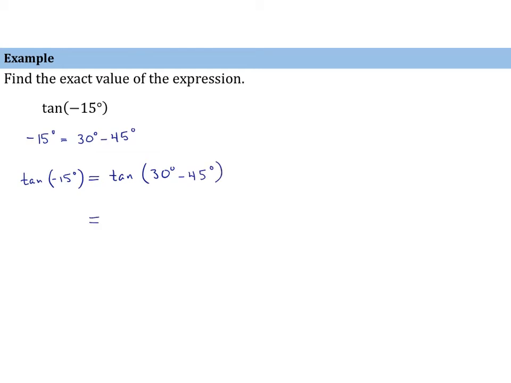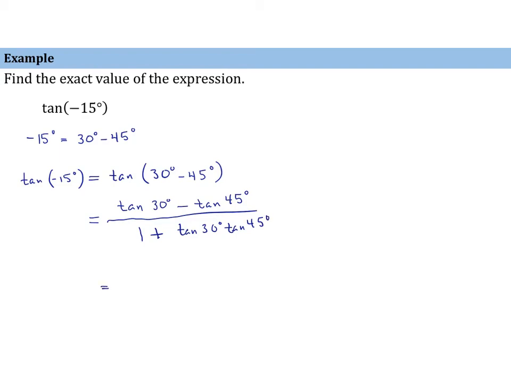And the difference formula for tangent is tangent of 30 degrees minus the tangent of 45 degrees over 1 plus the product of those two, tangent of 30 degrees and tangent of 45 degrees.